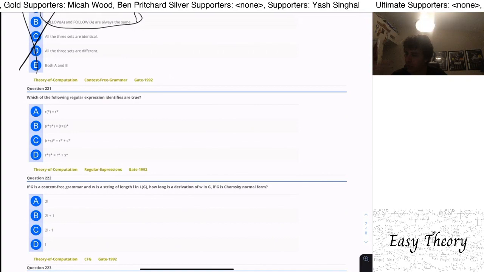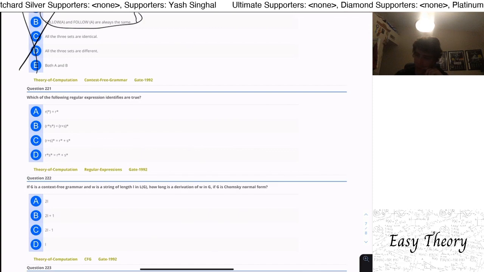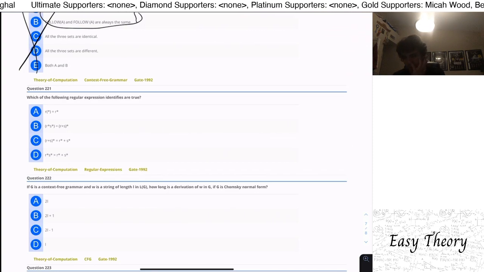Which of the following regular expression identities are true? Let's see. Oh, okay, I see.